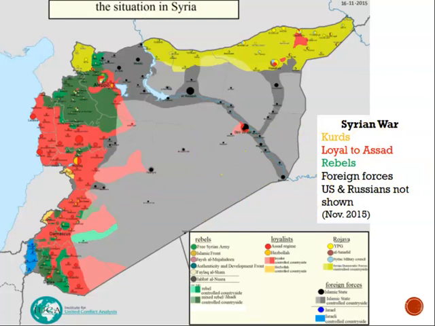Loyal to Assad is basically in red. This is trying to take this stuff down here and make it simpler. The Kurds, you've probably heard of the Kurds. They're in these yellowish green colors up here to the north in what we might call Kurdistan. But the Kurds are people that don't have a country.